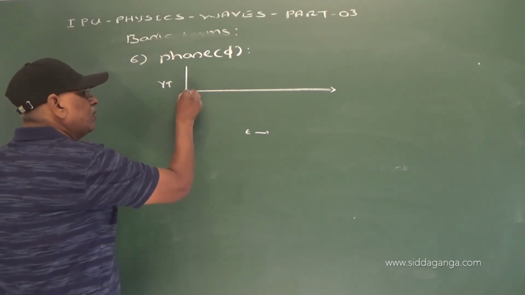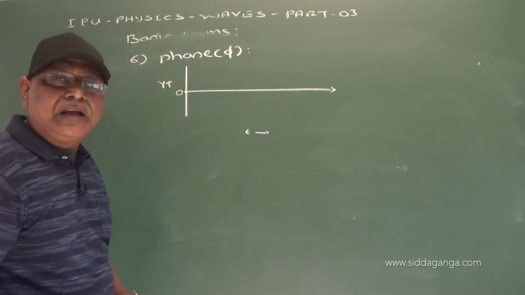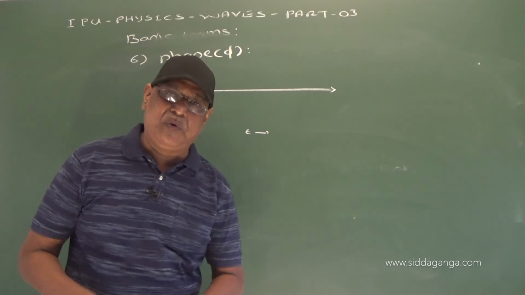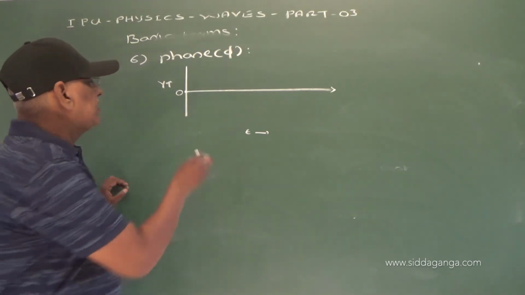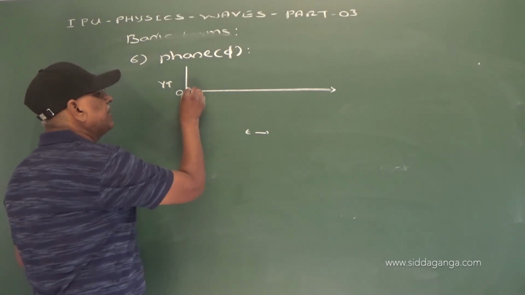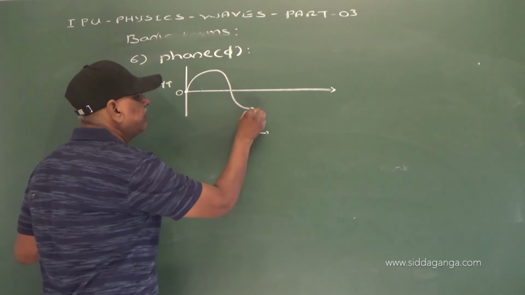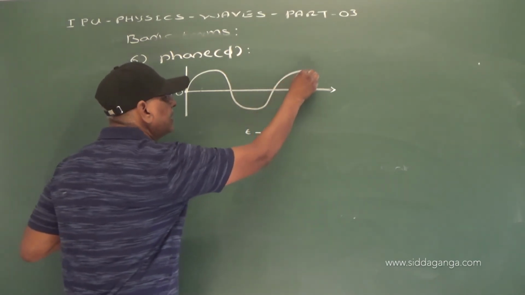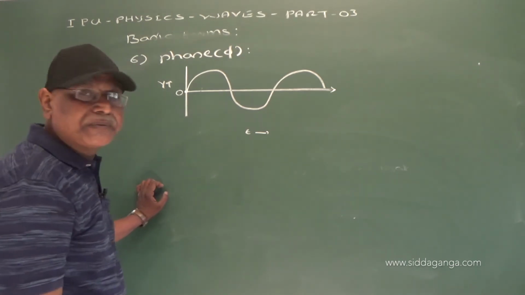Let O be the origin in the Cartesian coordinate system for the first particle of the medium which is disturbed. When a wave, say a transverse wave, propagates through a medium, it propagates in the form of a series of alternate crests and troughs.